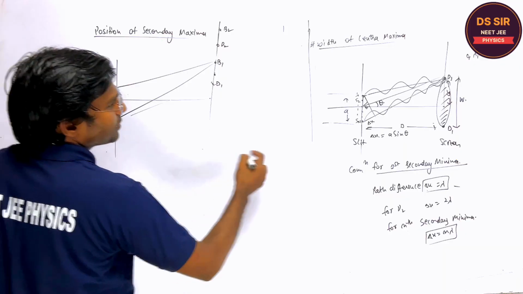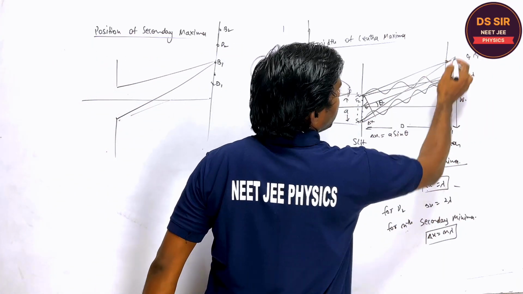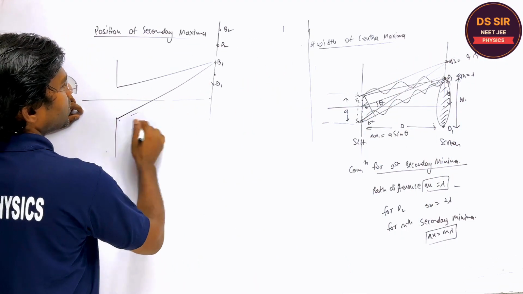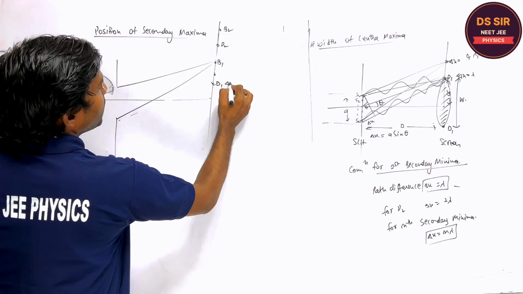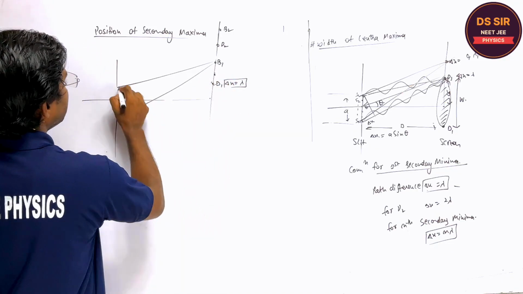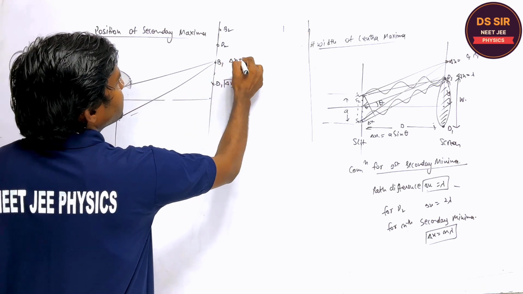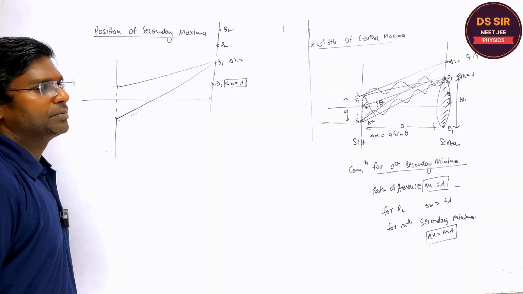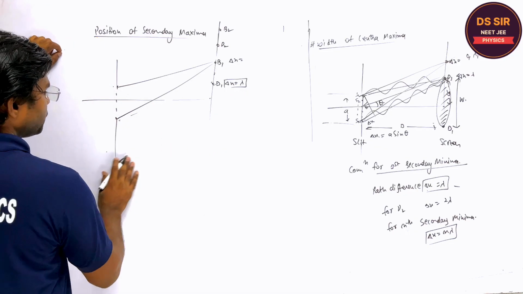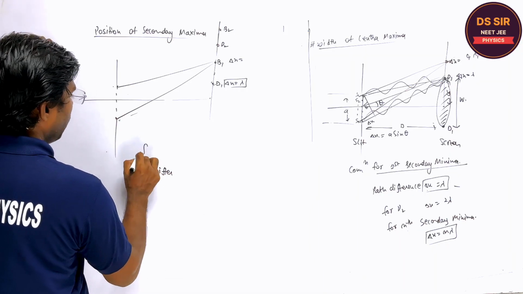At this point, what is the path difference? Lambda. If you move here, the path difference will increase or decrease? The path difference over here is lambda for the first secondary minima. So here the path difference will be greater than lambda, right?